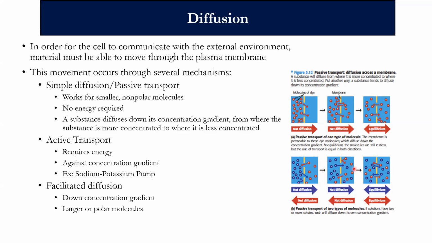They're going to be going back and forth between the intracellular and extracellular environment until they eventually reach equilibrium. Both the blue and red molecules are present in about equal numbers in the extracellular environment and in the intracellular environment.